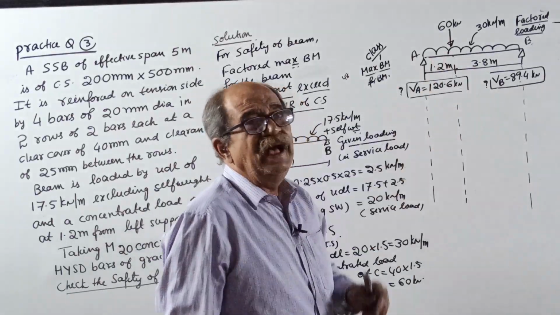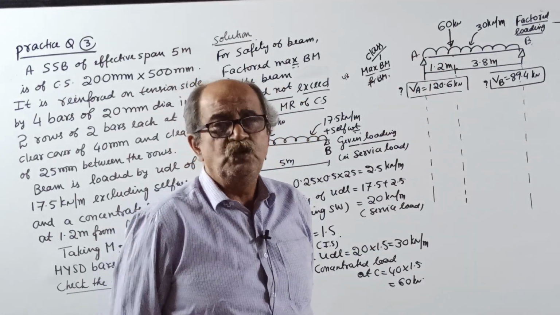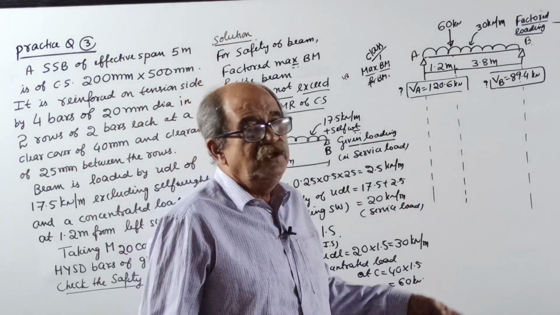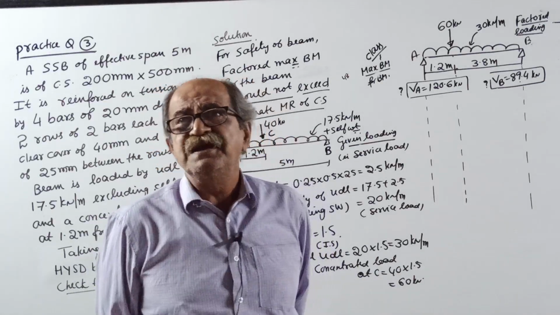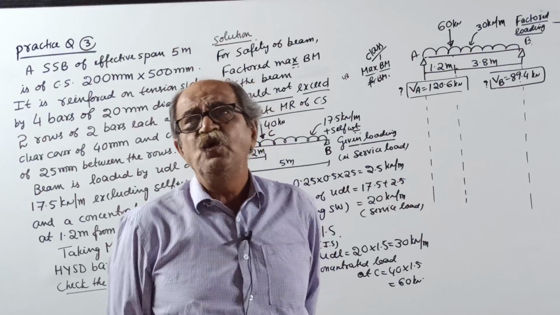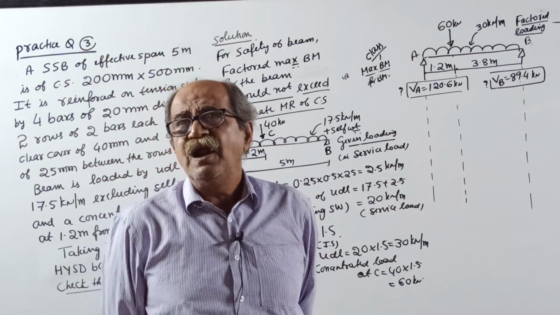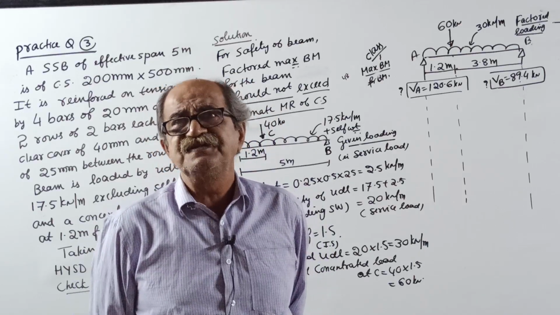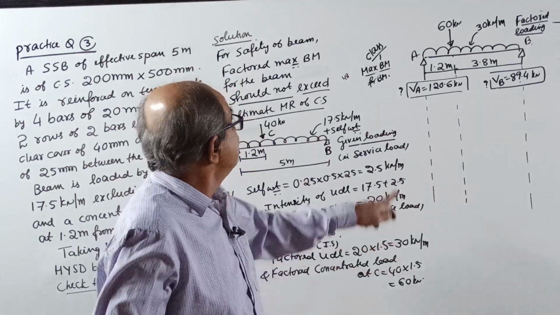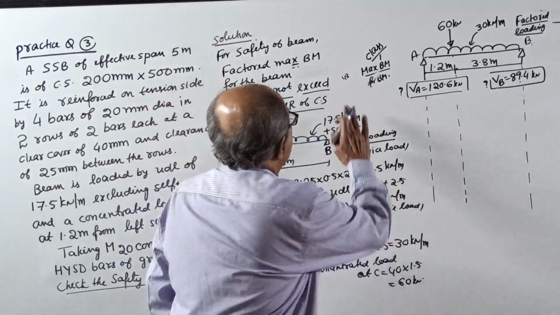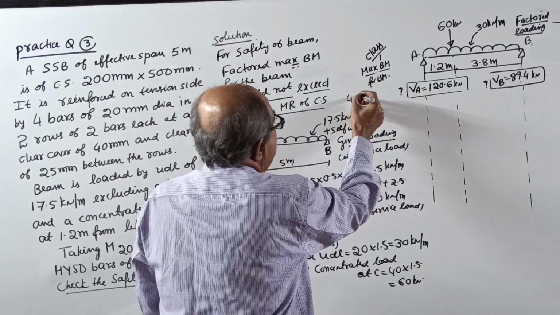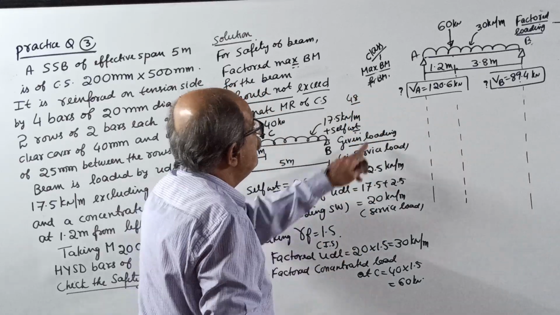Now, maximum BM you want to get. What you have to do is, in YouTube, you go to the playlist. There you can see a course called SFD BMD. Around 130, 140 classes are uploaded. Class number 48, see right here. Class number 48, same question is there.